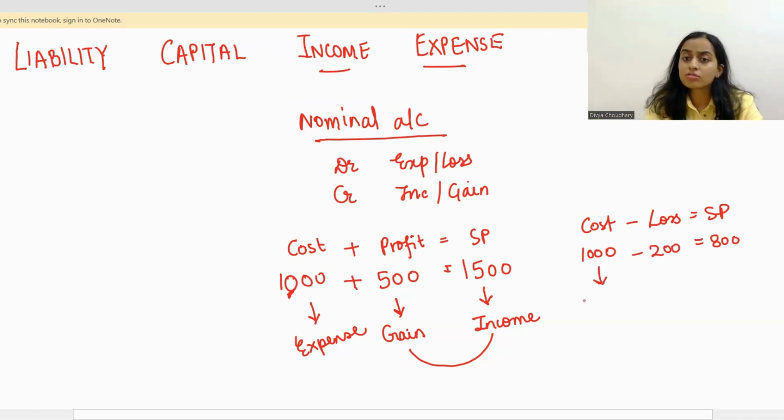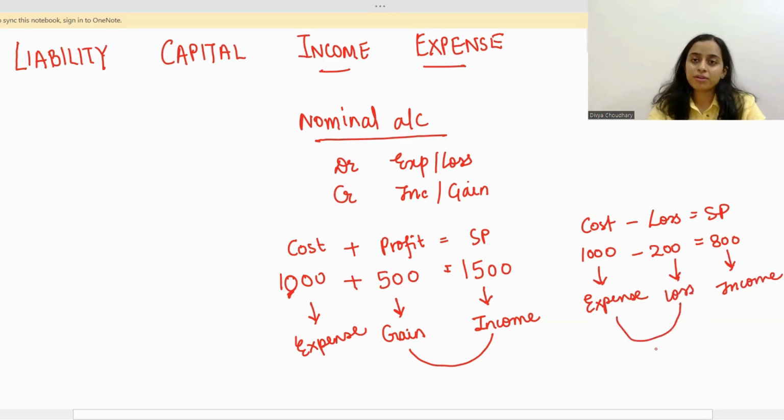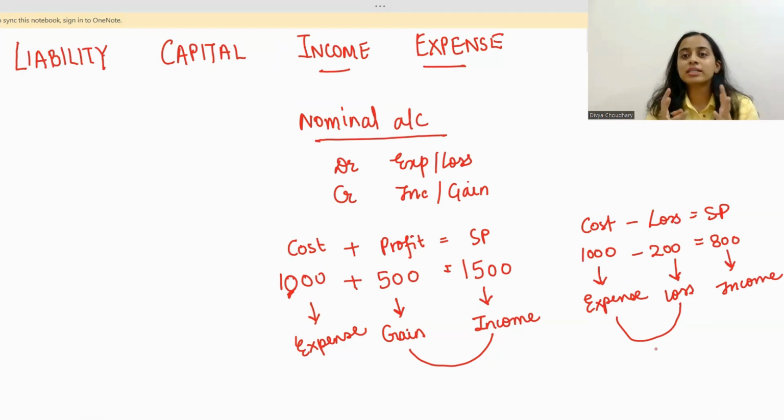In this case, 1,000 is still your expense, 800 is your income, and you're incurring a loss of 200. That's how expense and loss are different. So I hope we will not be using gain and income or expense and loss interchangeably from today onwards.